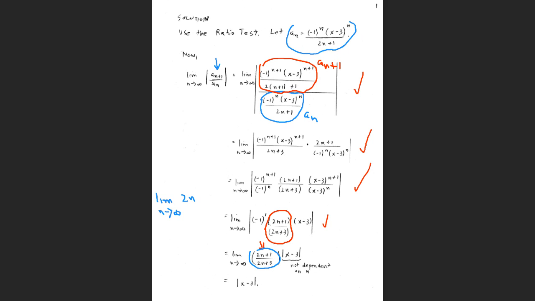Okay, you have 2n plus 1 over 2n plus 3.